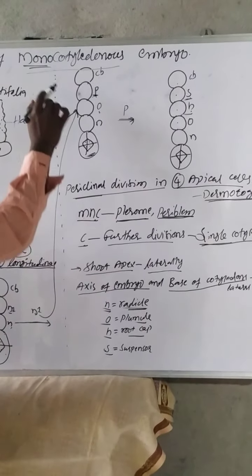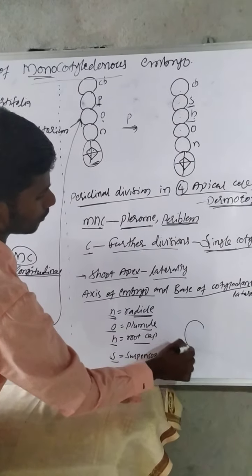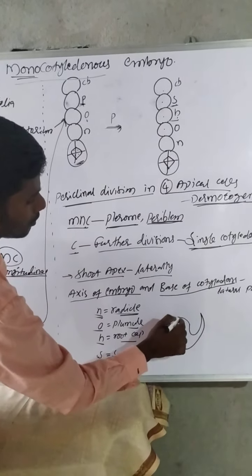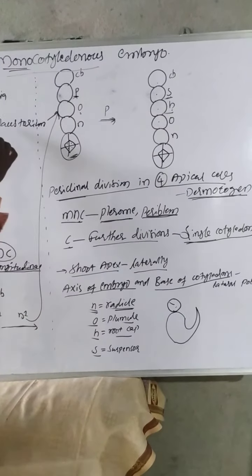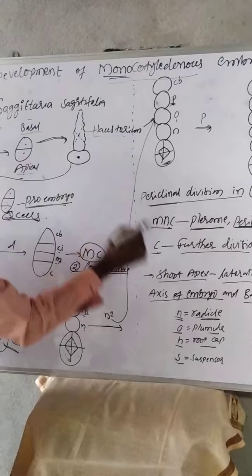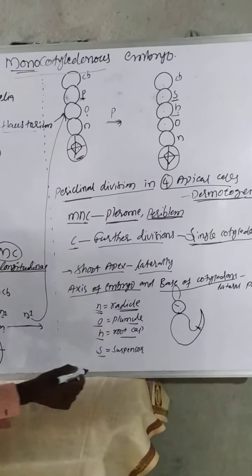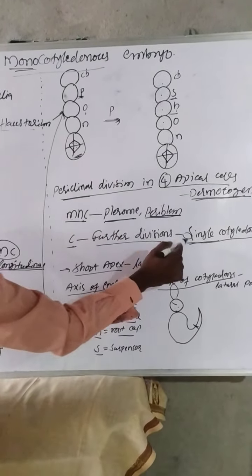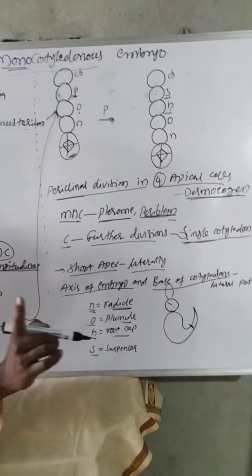So in monocotyledons only one cotyledon forms, and the haustorium forms from the basal cell. The shoot apex is in a lateral position to the single cotyledon.